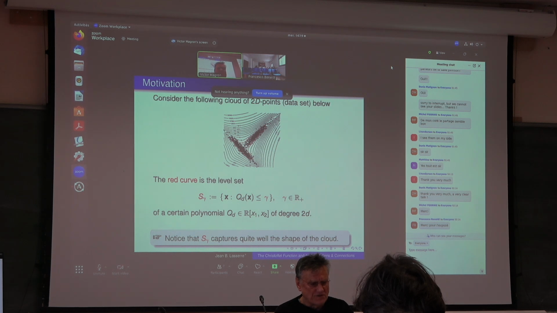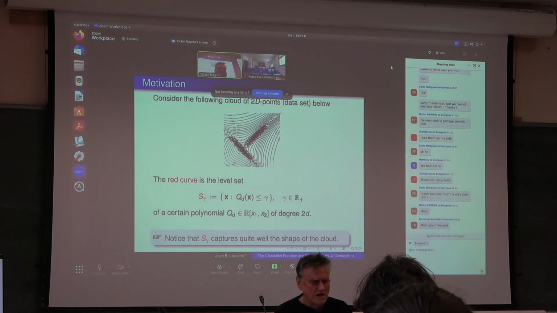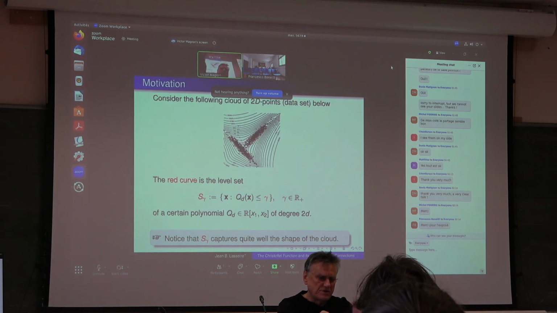And if you look at gamma, some value that I won't go into details on how to choose, and look at the set of x in the plane that satisfy Qd of x less than gamma, you retrieve all the points that you see inside, and you capture very well the shape of your cloud of points.